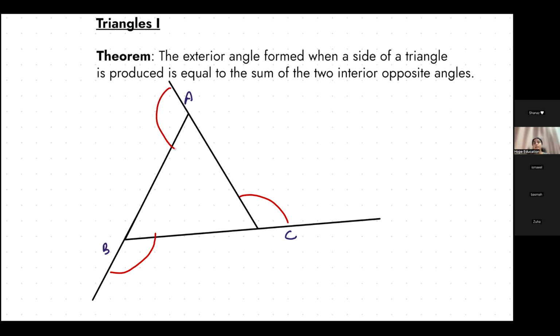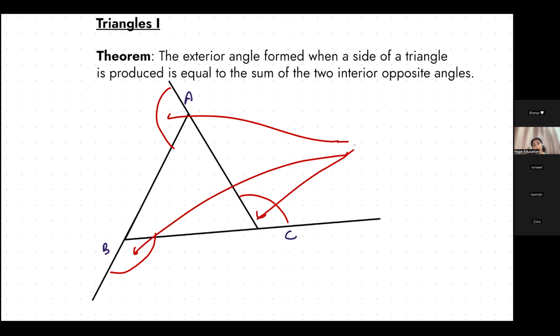So an exterior angle basically means when you extend the side of a triangle, the angle that it forms is called the exterior angle. Is that clear? Yes. So all three of these are exterior angles.